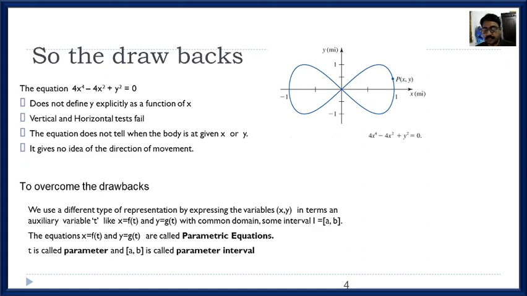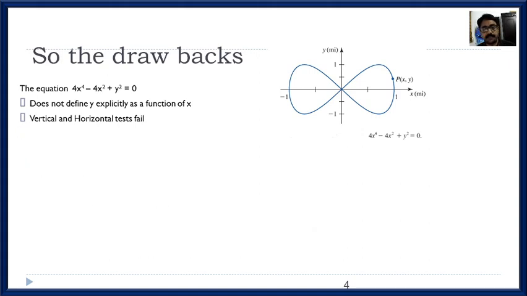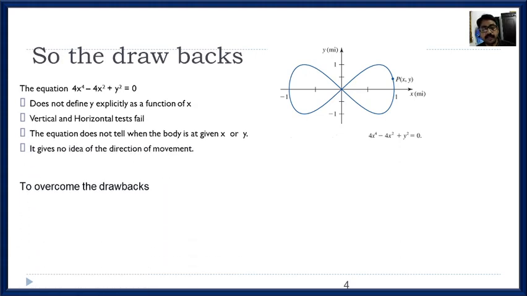Another thing is that it does not satisfy the vertical or horizontal line test. It fails, as I showed you. And the equation does not tell when the body is at a given x or y. It gives no idea about the direction, and for a moving body we need the direction in which it moves. That is also not obtained from the given equation 4x to the power 4 minus 4x squared plus y squared equals 0.